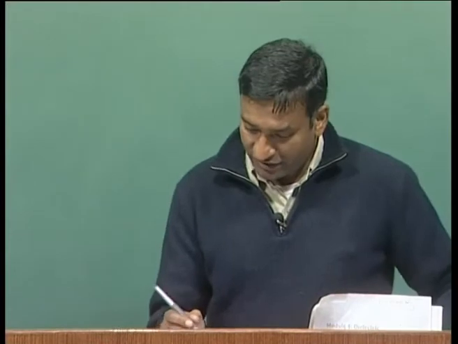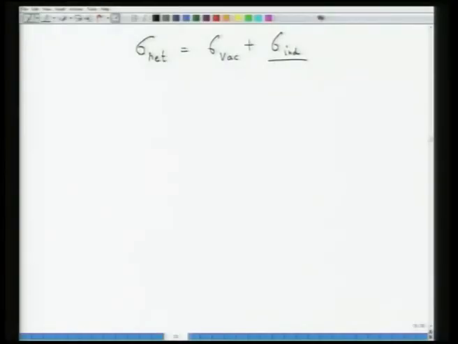So, we can write sigma net is equal to sigma vac plus rho, and this rho is nothing but due to polarization, or is the polarization itself, because we know that. So, we can just write this as P.